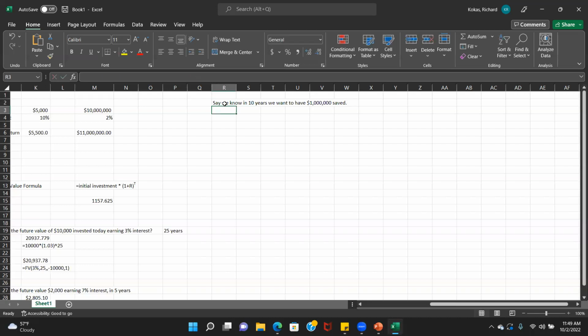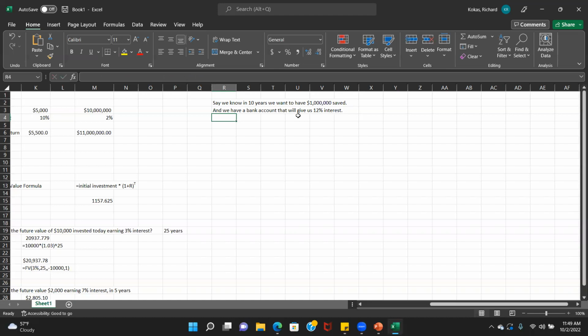And we have a bank account that will give us 12% interest. So we have the years. We want to have $1 million in 10 years, and it's going to earn 12% interest.